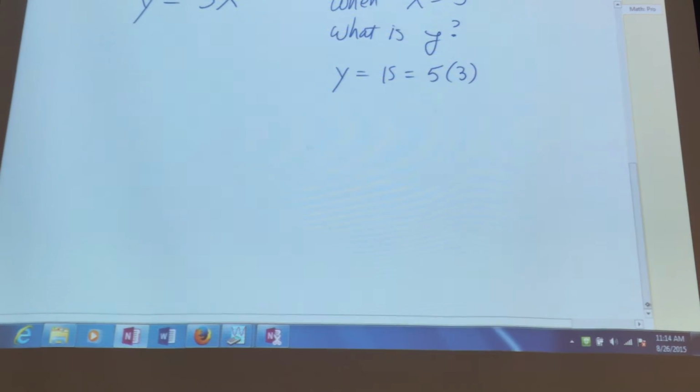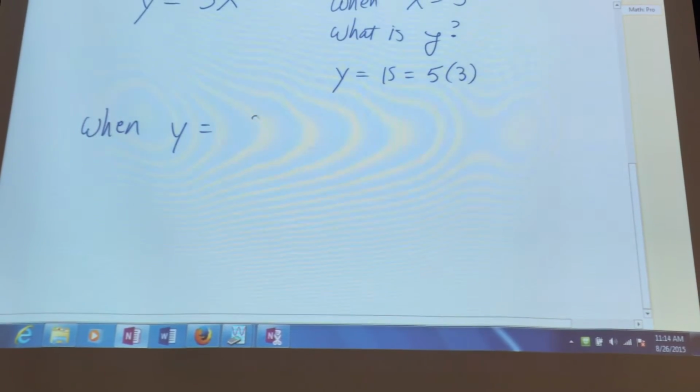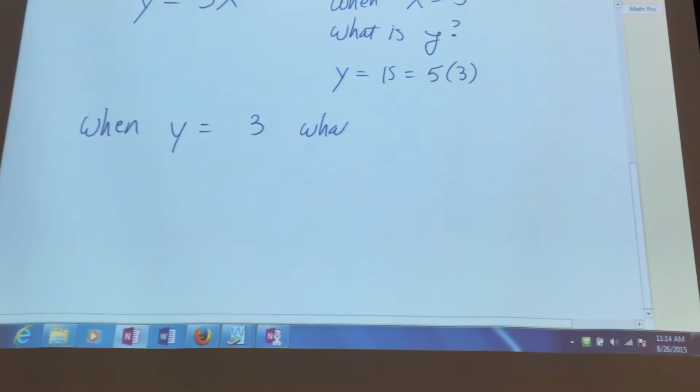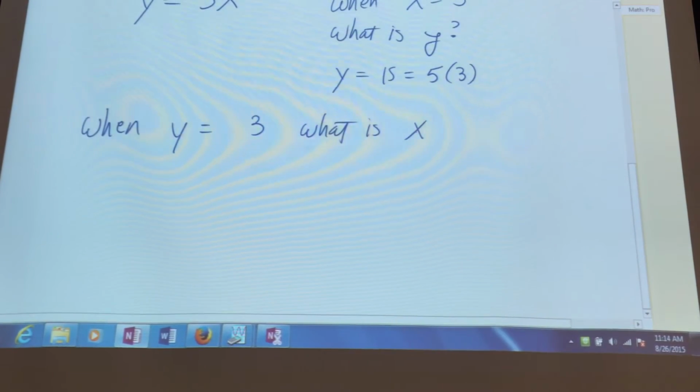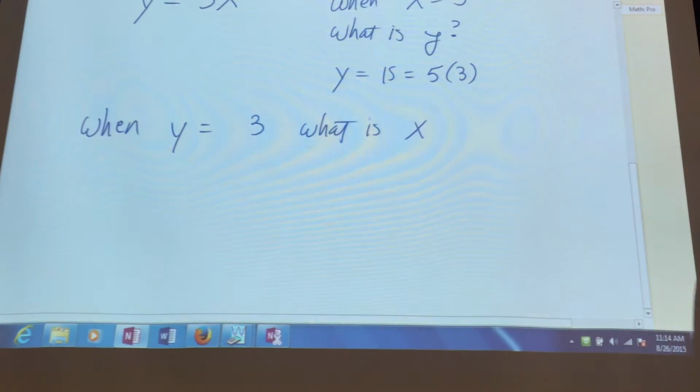It gets a little bit harder when we have to turn it around. When y is equal to 3, what is x? Three over 5, yes.